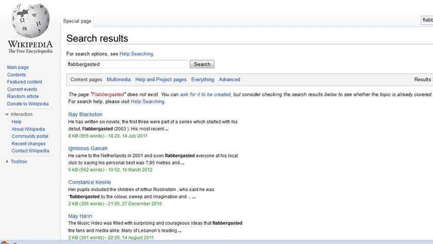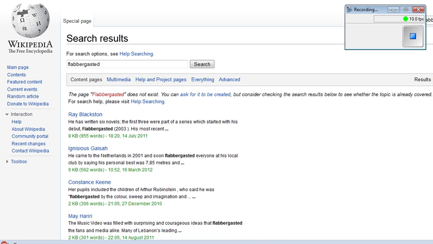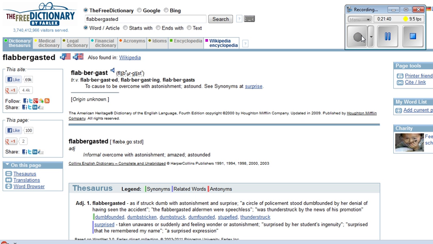Okay, I did some off-screen work to find out the definition of flabbergast. And here it is: to cause to become overcome with astonishment, or to astound. There you go. Oh, can I make it say flabbergasted? I'll be so excited. Flabbergast. Nice. Can I say it in British? Flabbergasted. I could do this all day. Alright, no, I can't. I'm out of time.